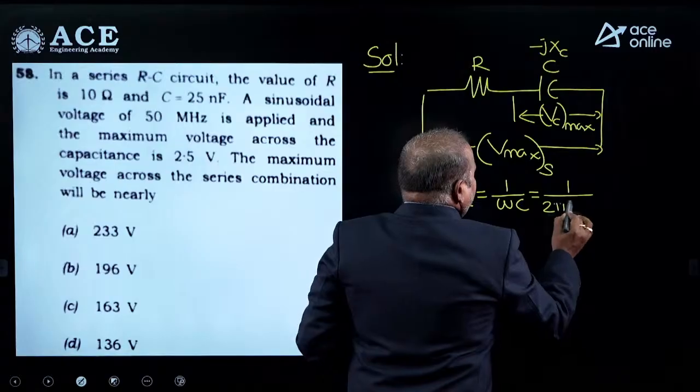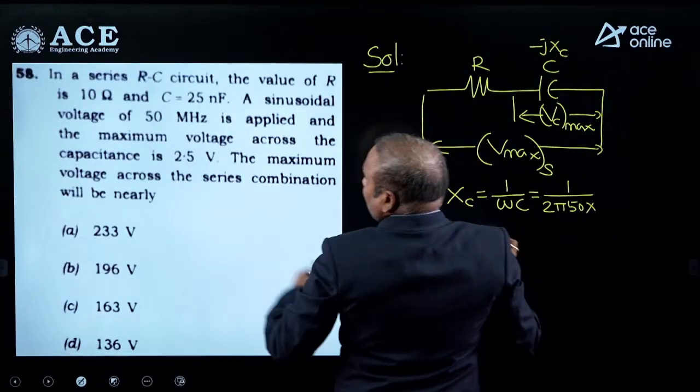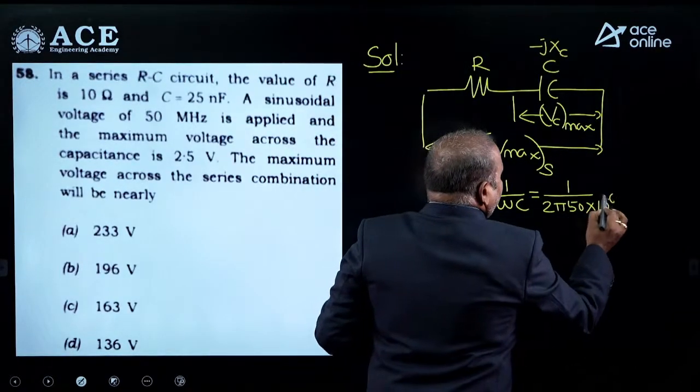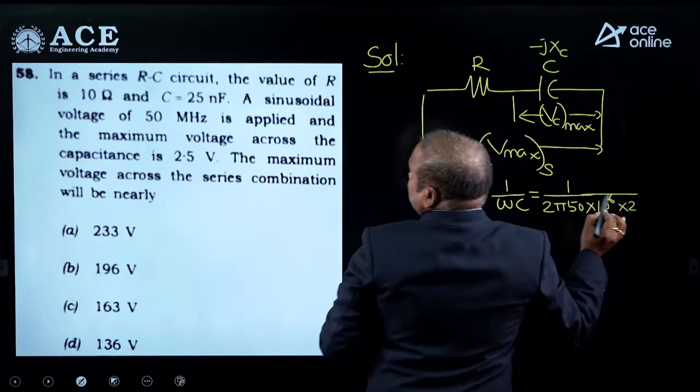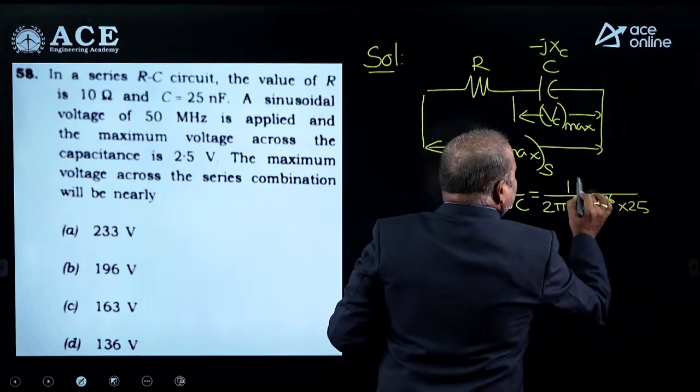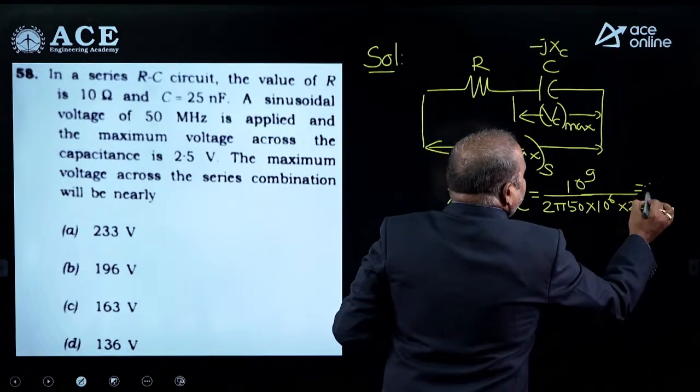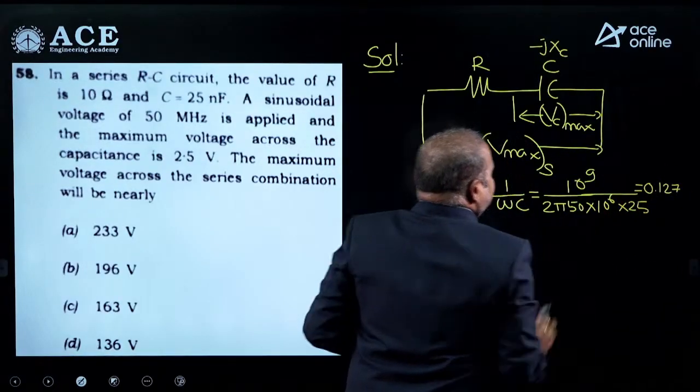XC is 2 pi F, here 50 mega is given, nothing but 10 power 6, and 25 nano is 10 power 9. This value you will get is 0.127.